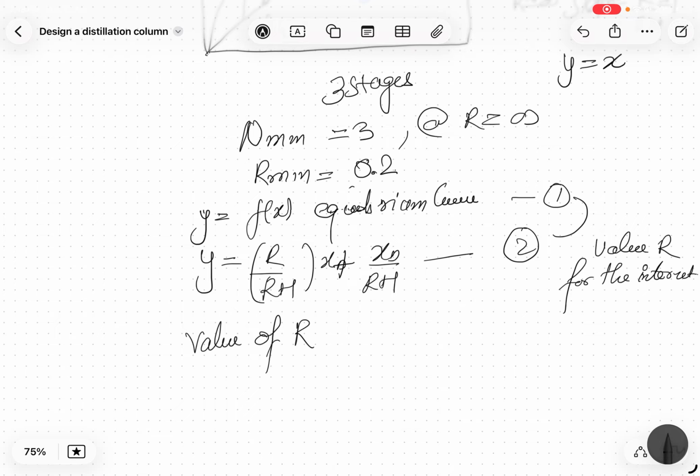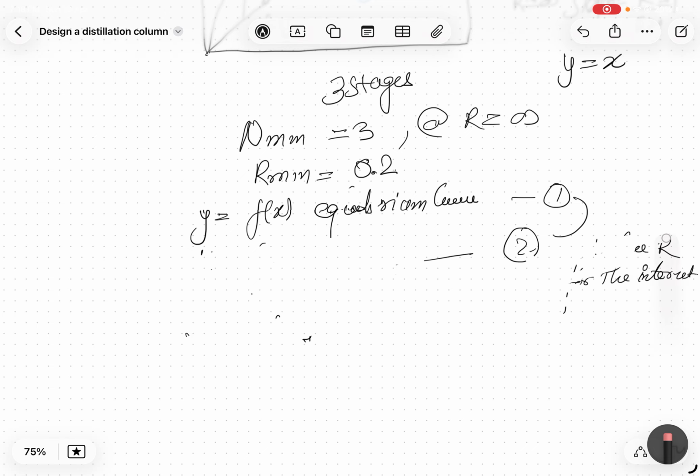Similarly, the value of q is fixed. Basically it is very easy. Sorry, I did it the wrong way.